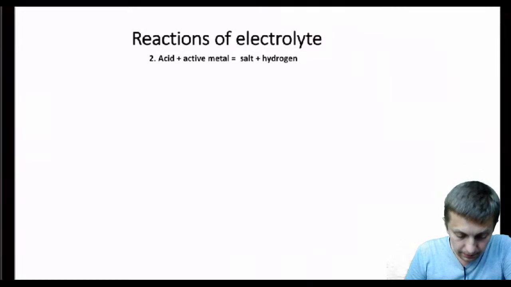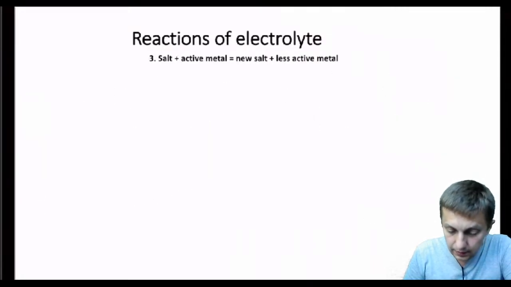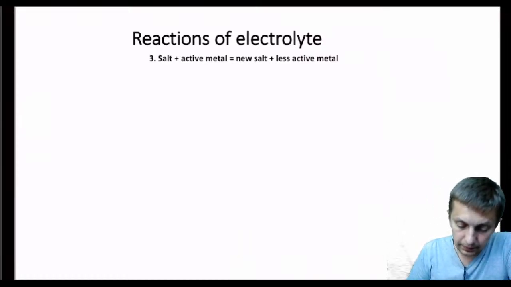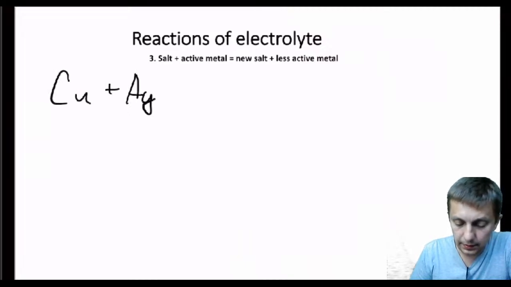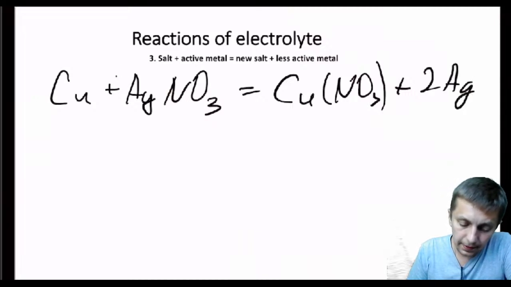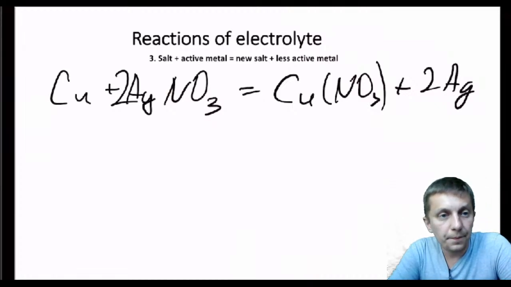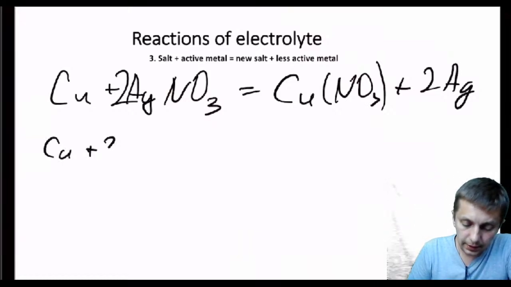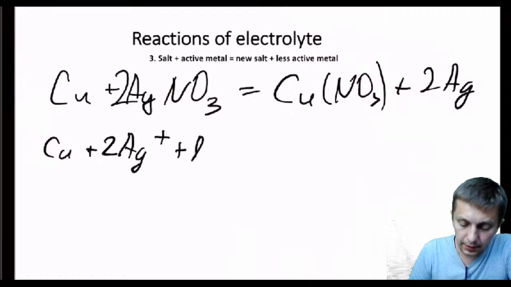Another case, salt plus active metal. Copper plus silver nitrate gives copper nitrate and 2 silver, and balancing. Strong acids, strong bases, and soluble salts dissociate into ions, so we get 2Ag plus plus NO3 minus.